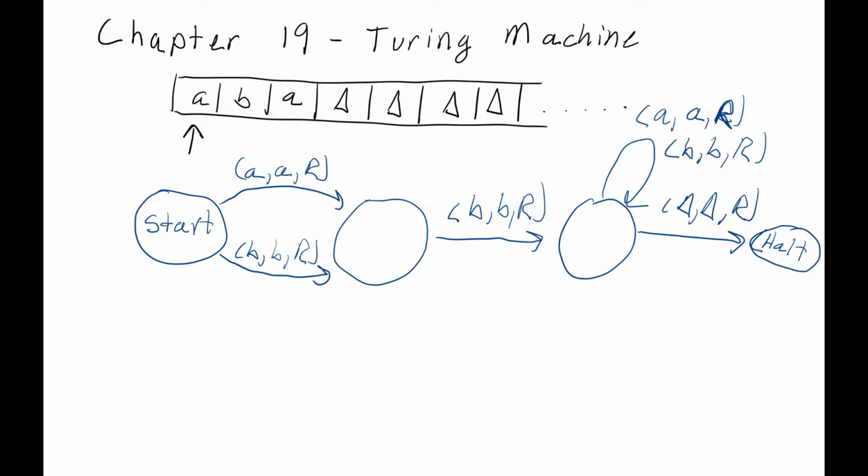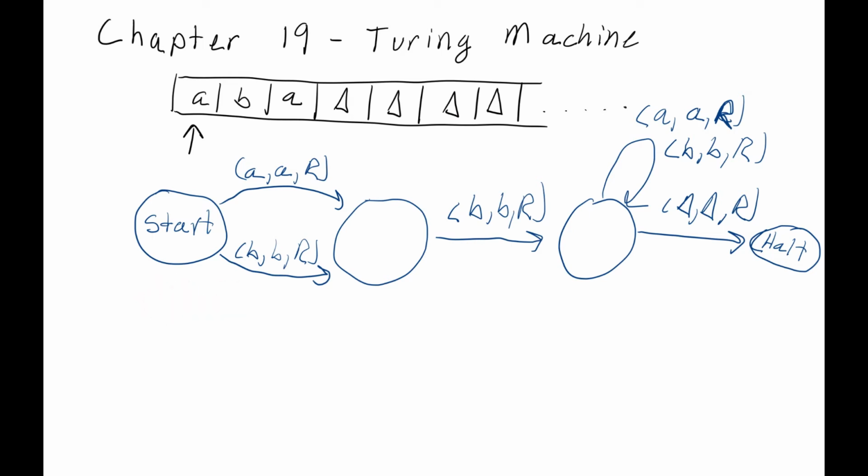stops. So it could go on and on forever, an infinite loop, or it can halt, and when it halts, that means the word on the input tape is in the language. So this is kind of like an accept. And then, of course, the machine could crash, and that means the word isn't in the language. So the three options are to halt, and that means the word is in the language.